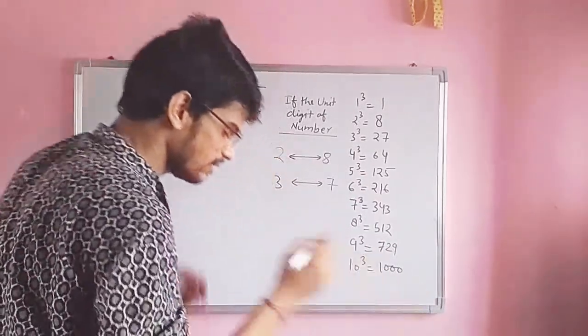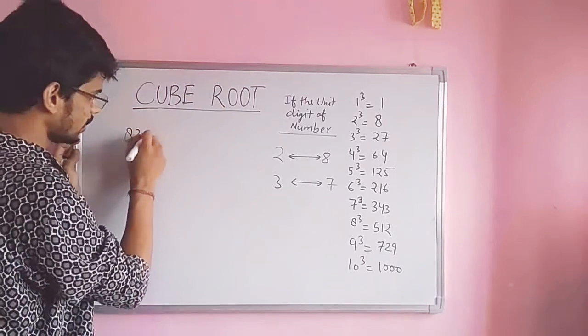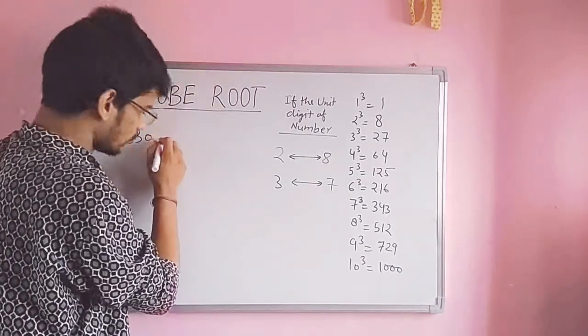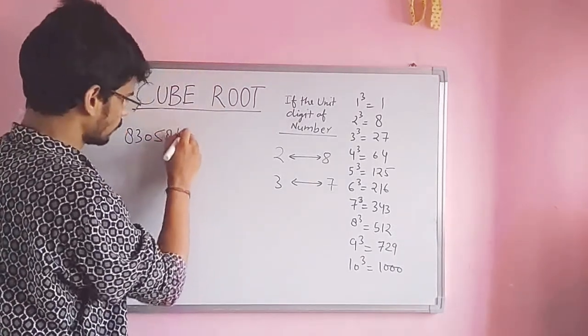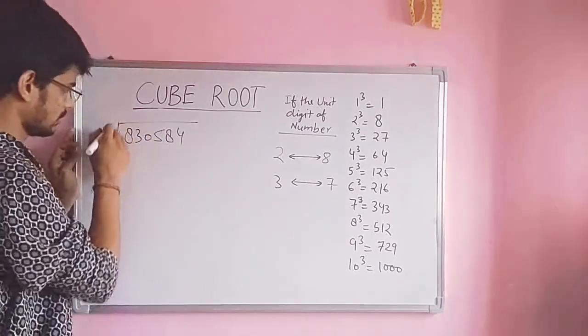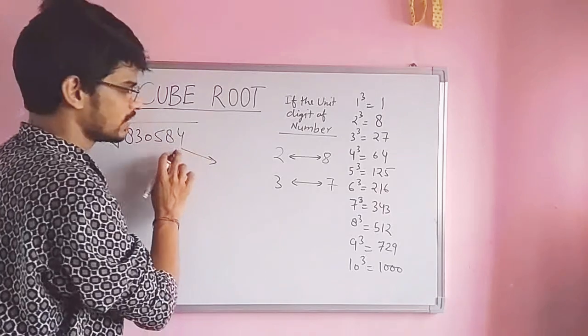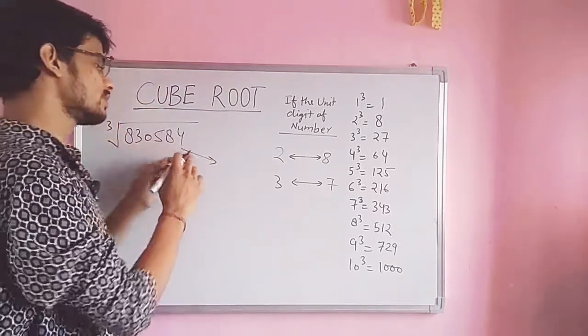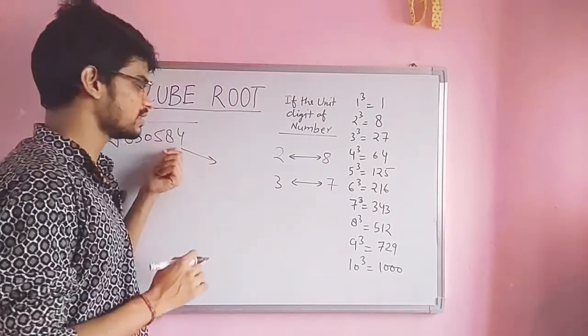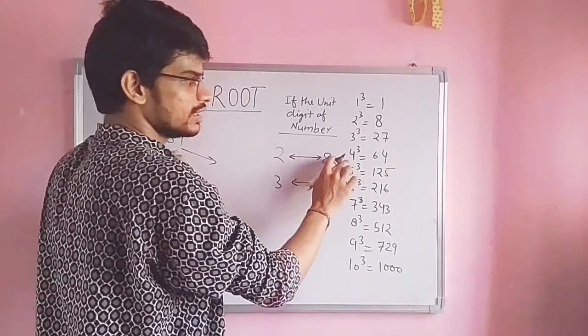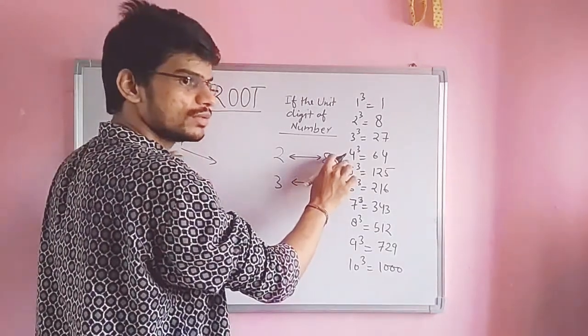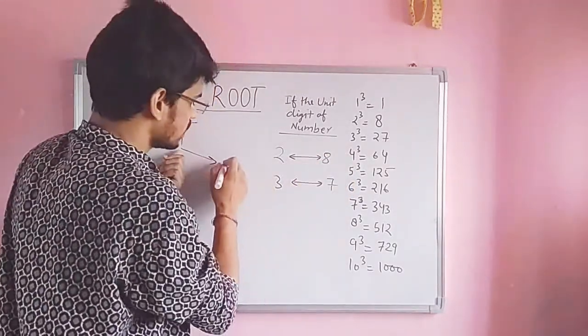Let's take another example: 830584. 4 is ending on 4, so the cube root's units place is 4. That's why the cube root's units place digit is also 4.